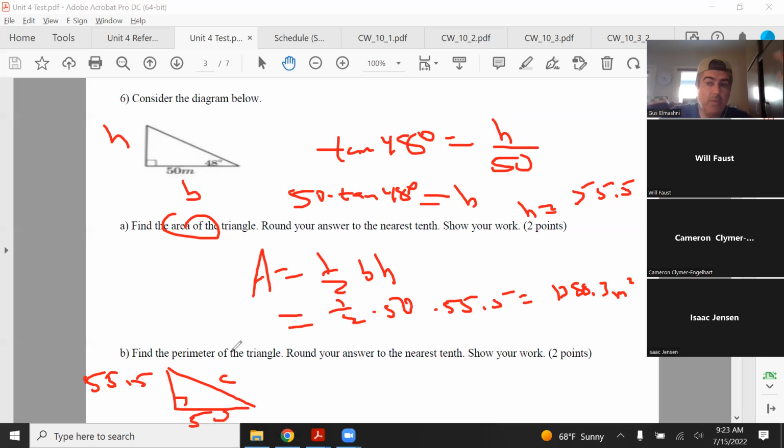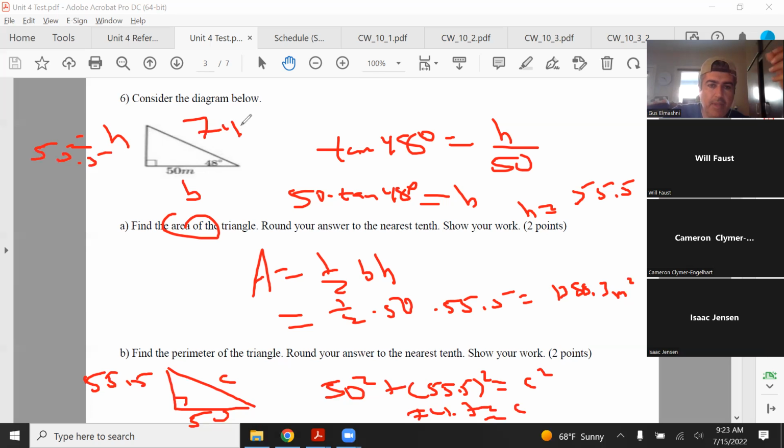That's an extension of what we've been doing in this class already. Solve for C. If you solve for C correctly, you should get 74.7. And add up all the sides: 55.5, 50, and 74.7. Add them up, you get 180.2.